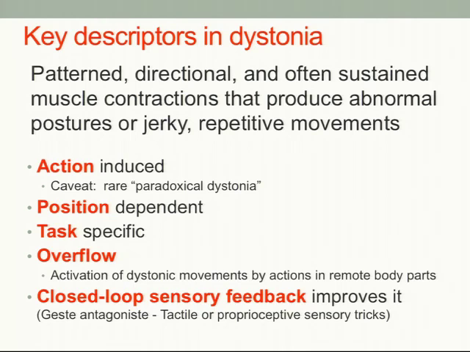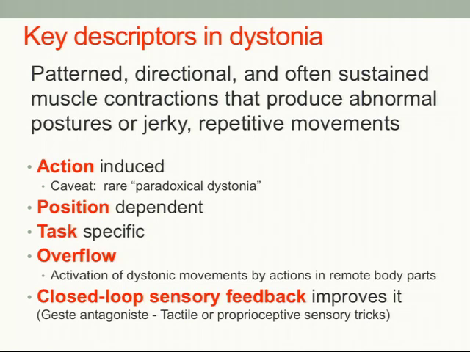There is an axis to the movement, and the movements are induced typically on action. So that's very important. They are going to be action-induced, position-dependent, task-specific. And if you can build those words into the description of the movement that you're seeing, you're actually making the case. Those are the rules of dystonia.